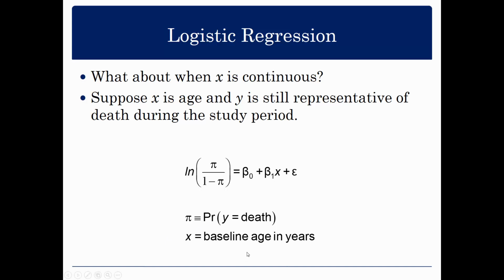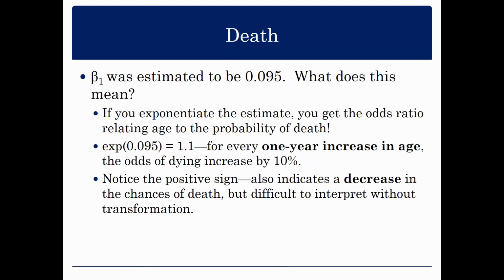The interpretation is the same, but we have to be a little bit careful about how we talk about the odds ratio. It'll be very similar to how we talk about the relationship in linear regression that we had before, where we had the height of a child being a continuous predictor. So here we have X is age and Y is the probability of death. And again, we're modeling the odds of death.